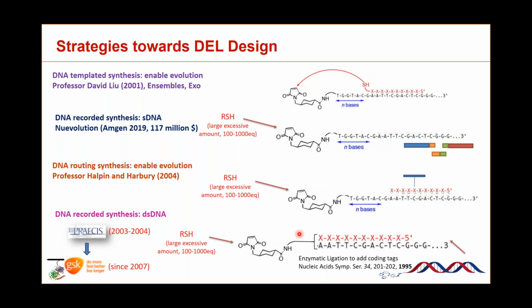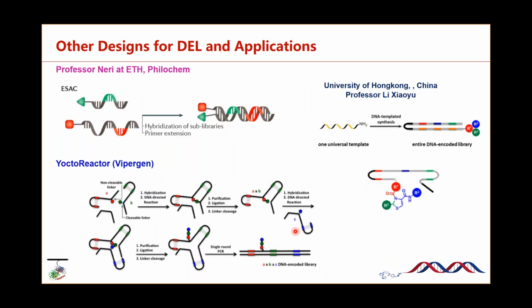I also want to mention that there are several other construction strategies. Professor Neri came up with the ESAC strategy, a quite efficient fragment identification approach, and several years later Vipergen also had this user-based approach to make this type of DNA-templated library. Professor Xiaoyu Li at the University of Hong Kong also developed a universal template to make these DNA-templated libraries.